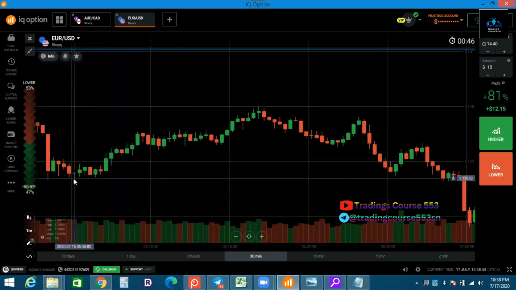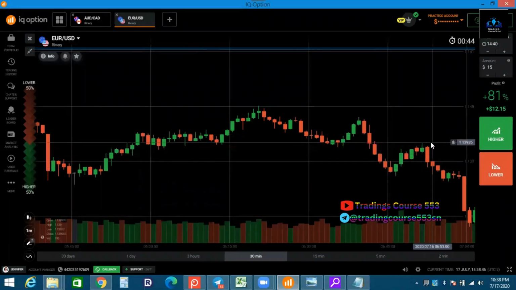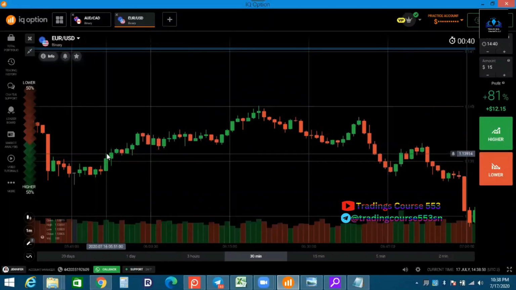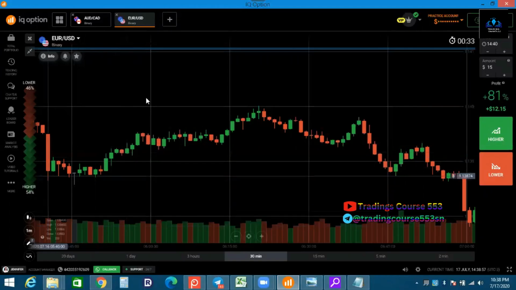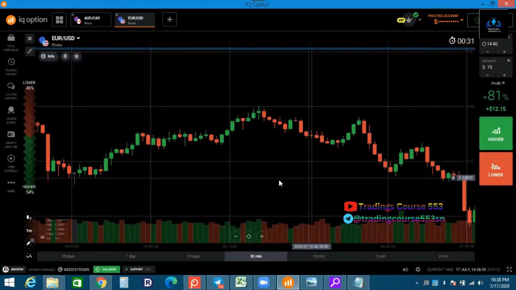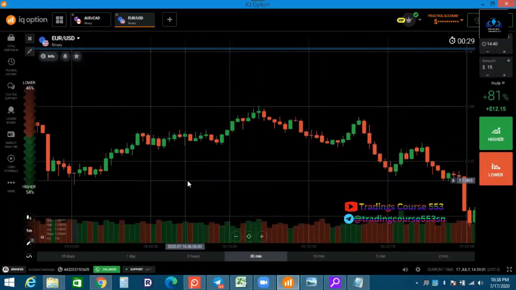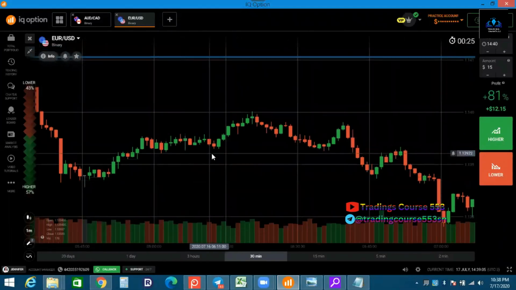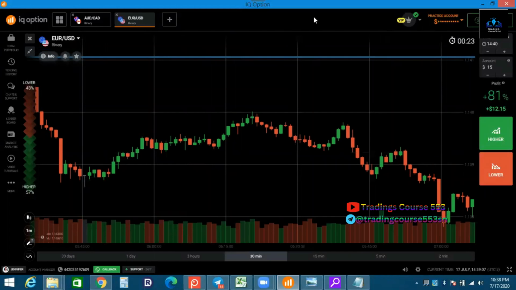From here to here we will read all the candles and all the decisions: why these buyers appear here, why the sellers do not appear here, if the sellers appear after this candle, why the buyers appear here. So we will talk about this chart reading, how we can understand the pressure from the buyers and the sellers.